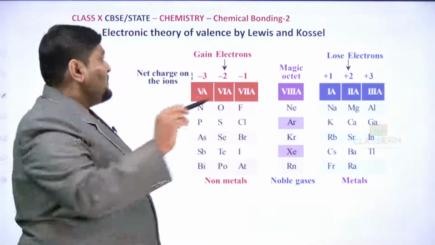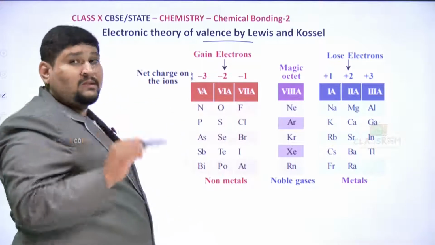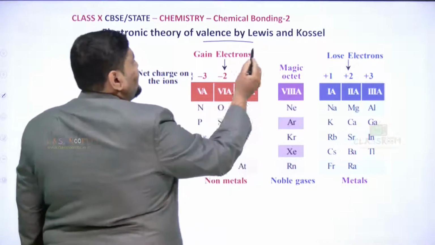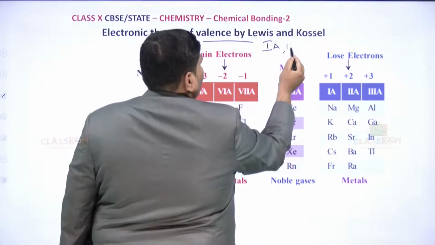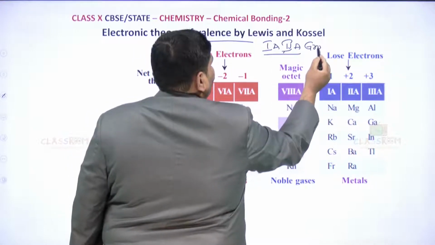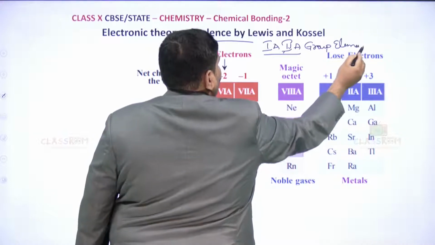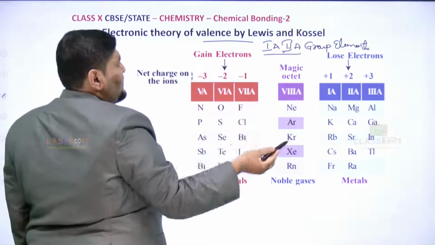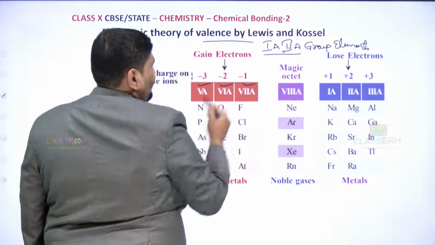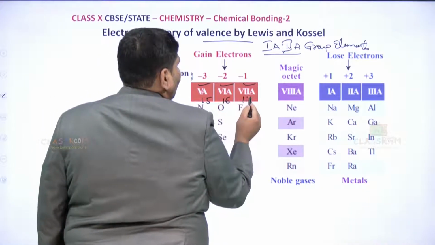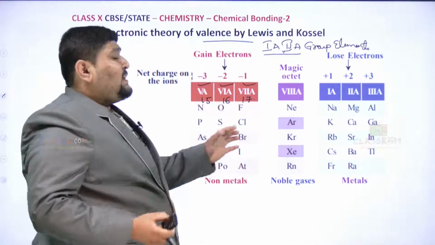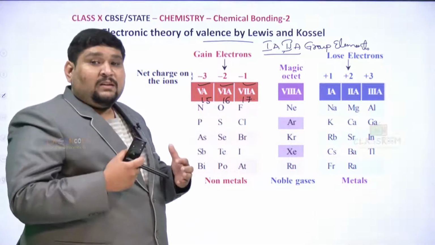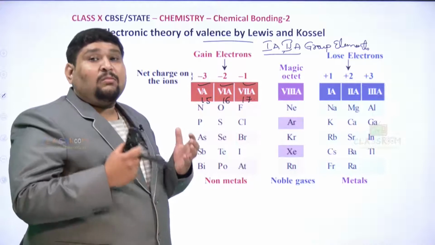If you go with the concept of this valence theory given by Lewis and Kossel, you can see here the 1A group and 2A group elements, mostly of the s block, and the p block elements, the 5th group, 6th group and 7th group, which are your 15th, 16th and 17th groups. This electronic theory of valence is put forward on a concept-oriented basis, where we try to find the metallic character and non-metallic character.